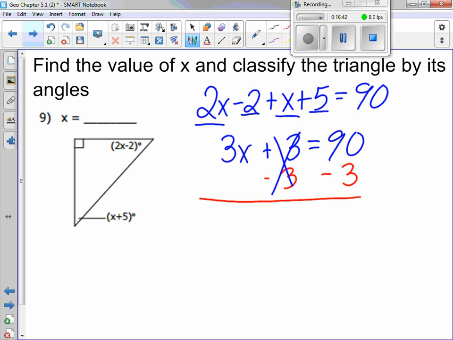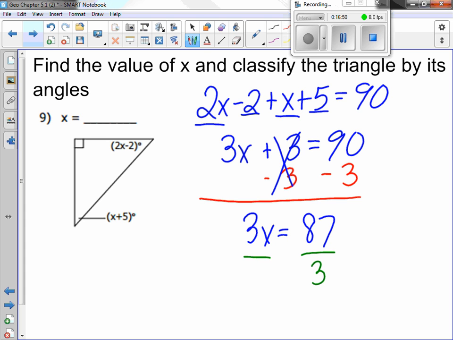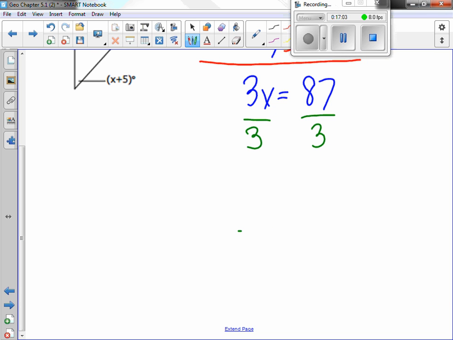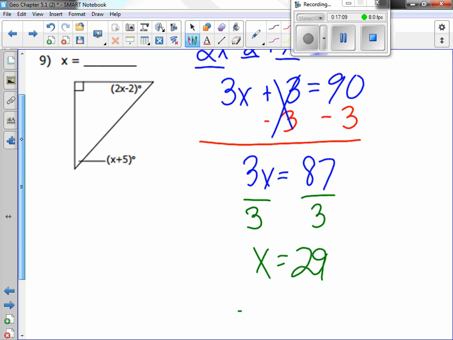These would cancel, leaving me with 3x equals 87. Divide both sides by 3. And x equals 29. x is equal to 29 degrees.